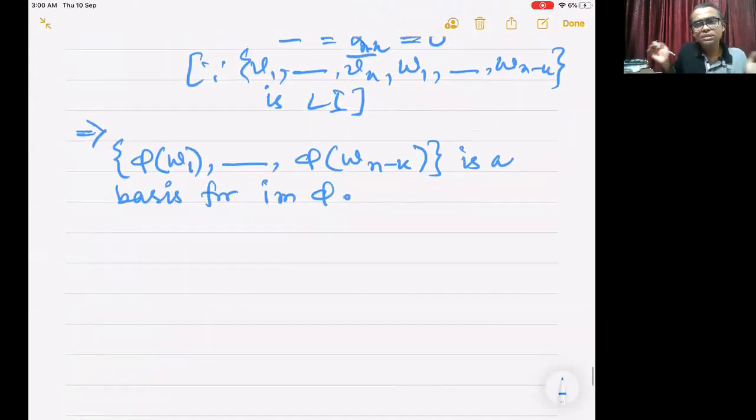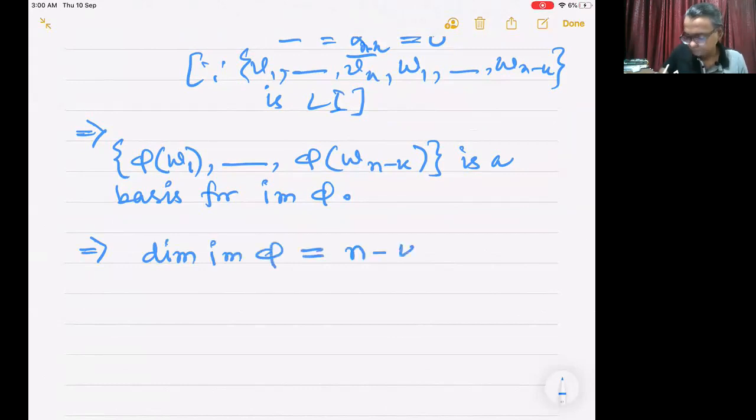In fact, we have shown something larger than what we really wanted. This then further implies that the dimension of the image of phi must be equal to n minus k.